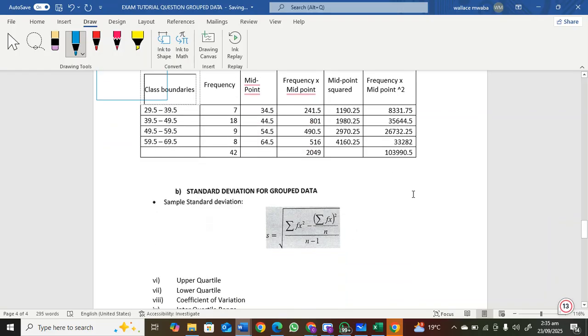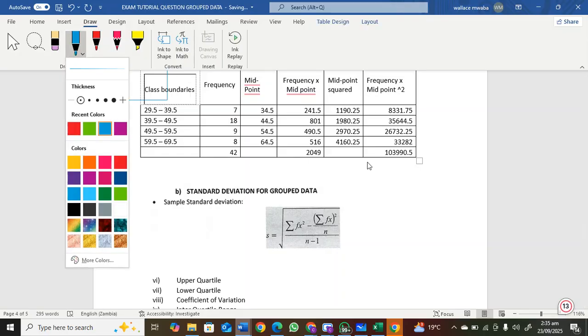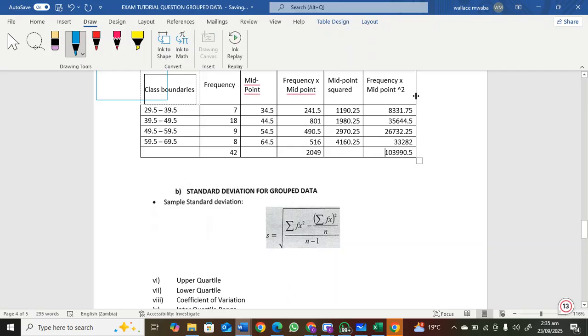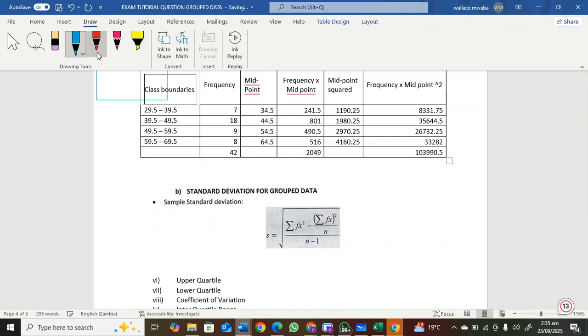We just need to get our values from the table. So sigma f x squared is this number here.